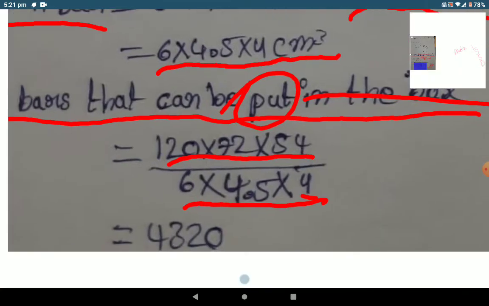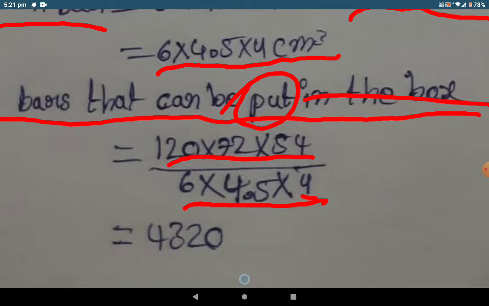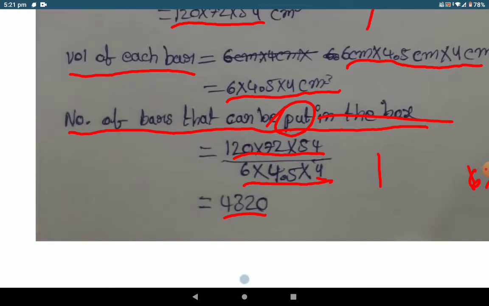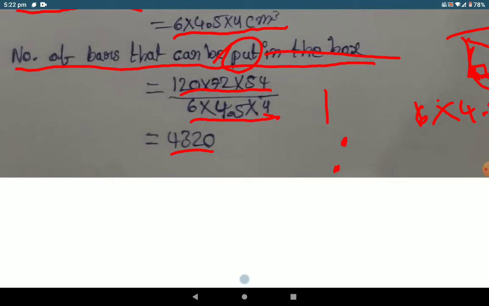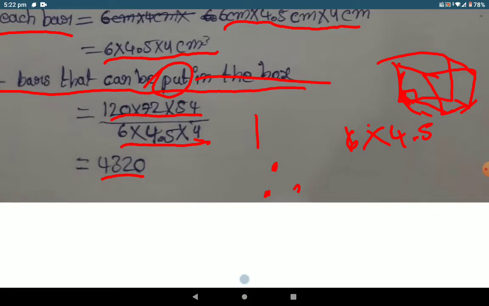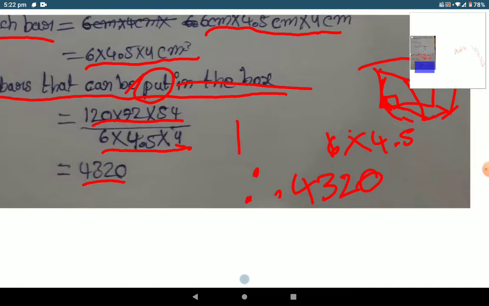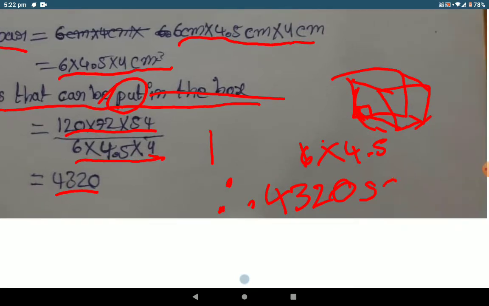After simplifying, we get 4320 bars of soap. So therefore that cardboard box can hold 4320 soap bars.